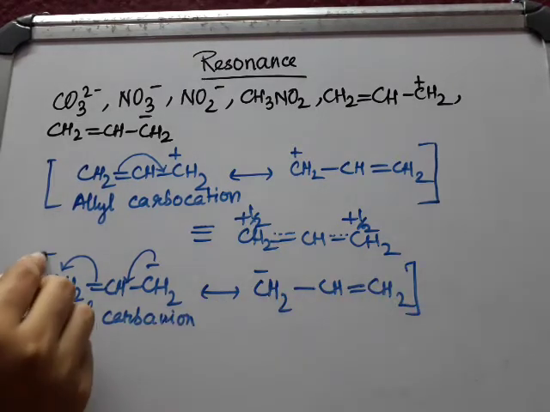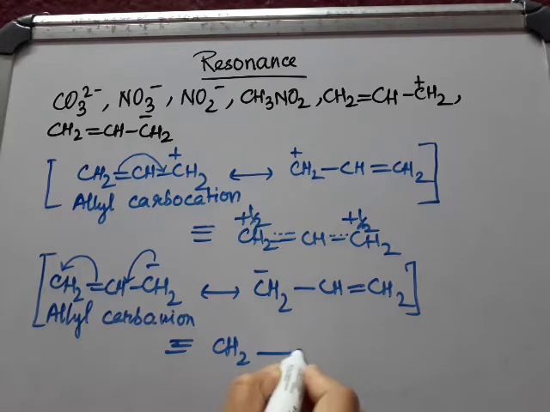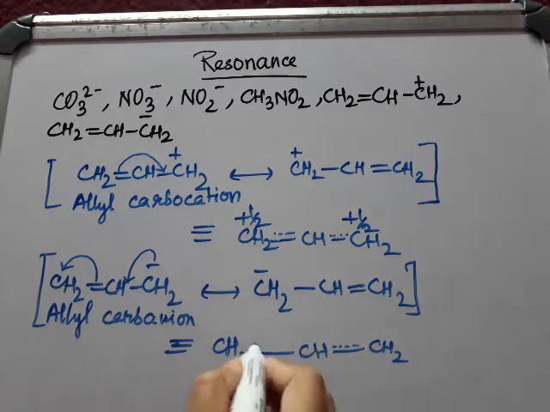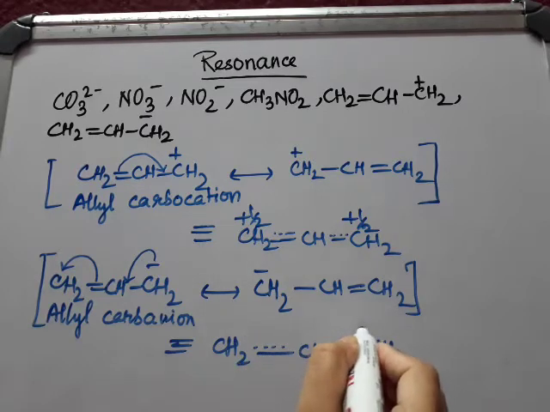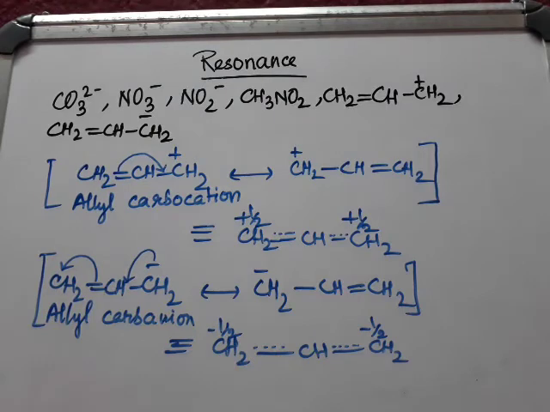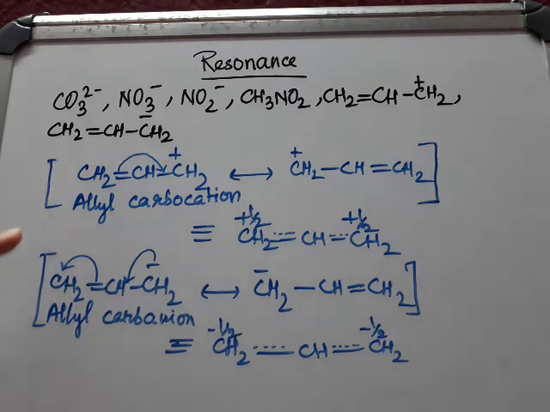That is why they are stable in nature. So this is the canonical structure, minus half, minus half. For that reason the two carbon-carbon bond lengths in allyl carbocation and allyl carbanion are the same.